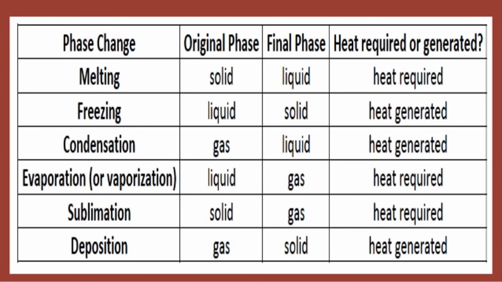Heat is required. Freezing: liquid to solid, heat generated. Condensation: gas turns into liquid. Evaporation: liquid to gas, heat required. Sublimation: solid to gas, heat is required. Then deposition: gas to solid, heat is generated.